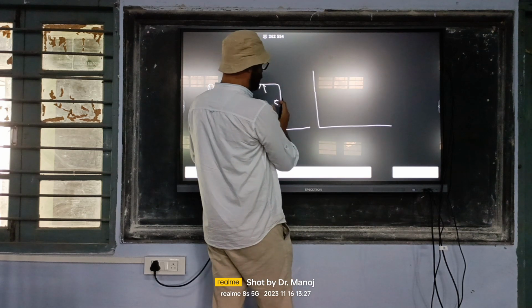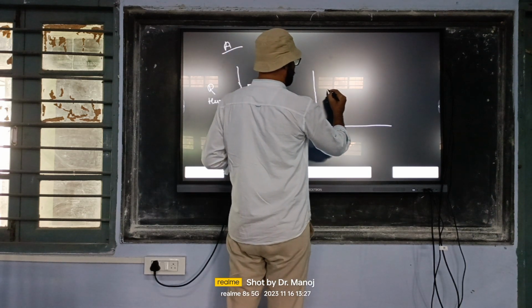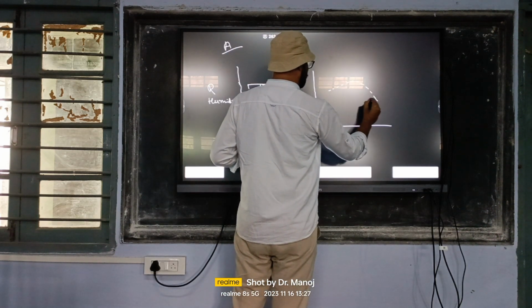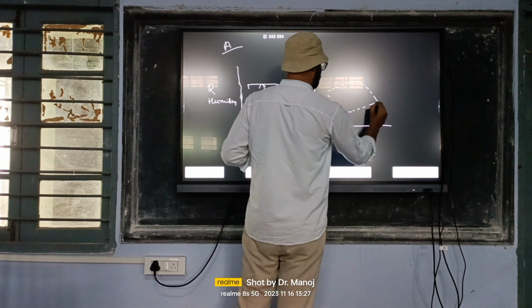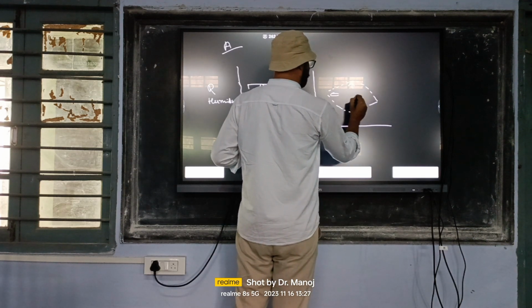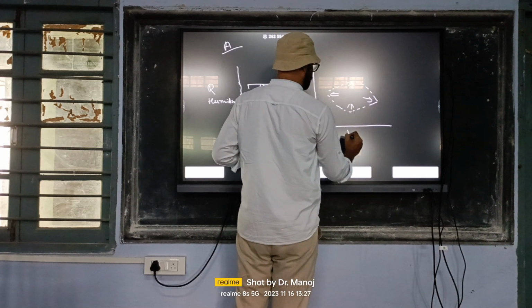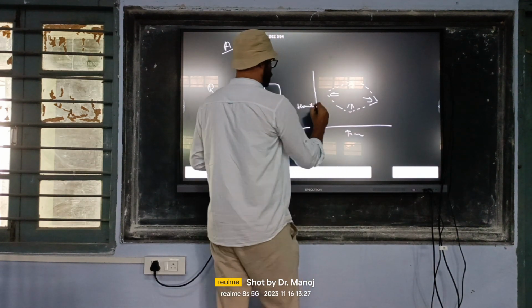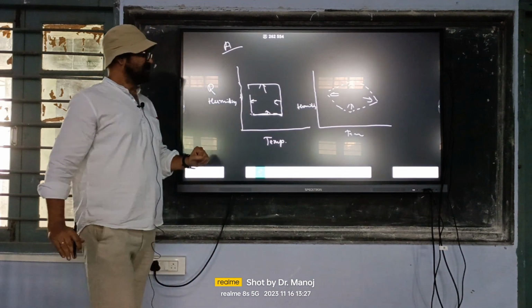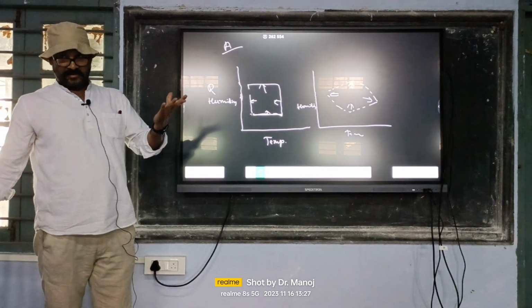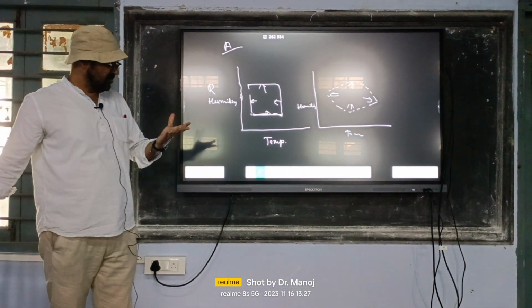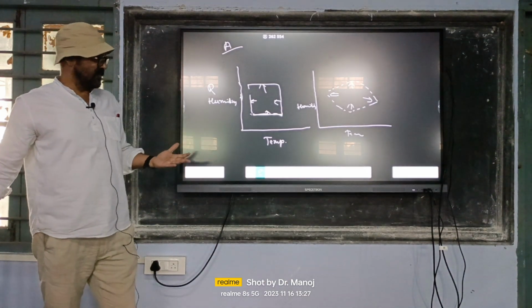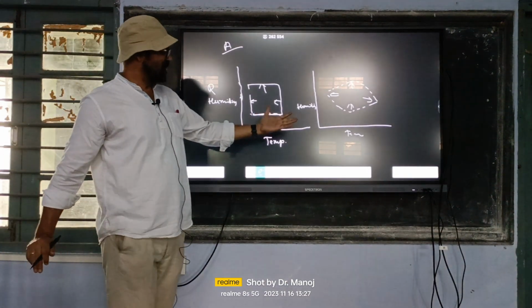So instead of the box shape, we may get some elliptical shape. So temperature and humidity, it is two-dimensional. Since the environment has n number of variables, we are putting only two variables.